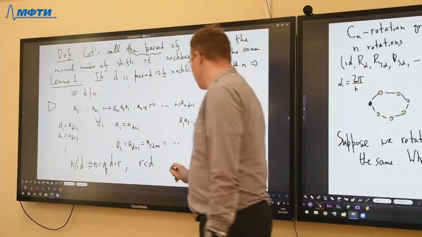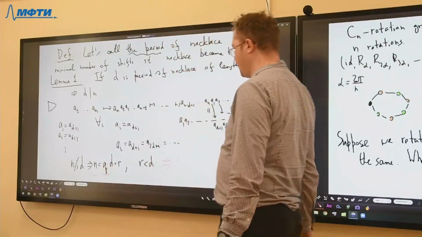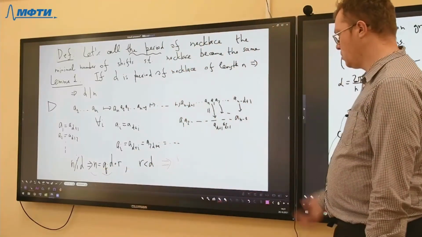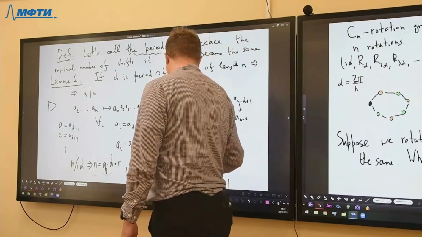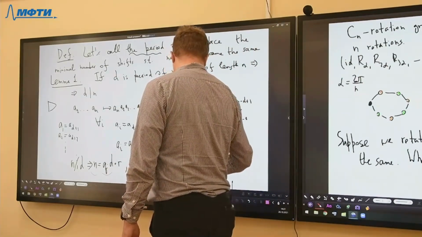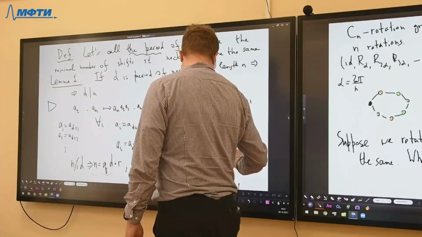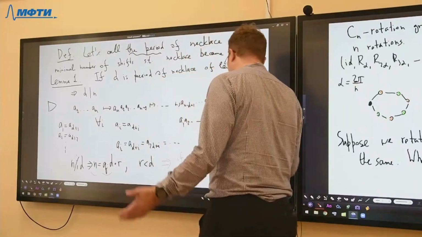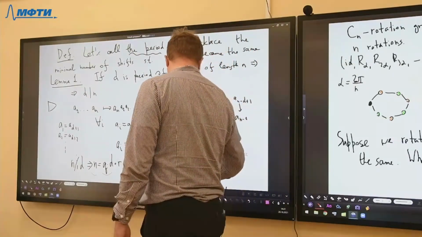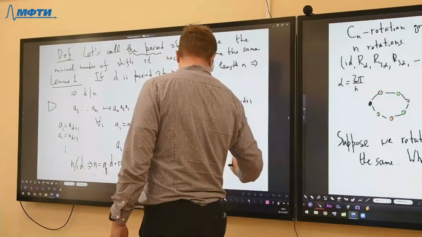And from this, we can obtain that if we shift our necklace r times, then it also becomes the same. So if we rotate this r times, then it becomes the same.